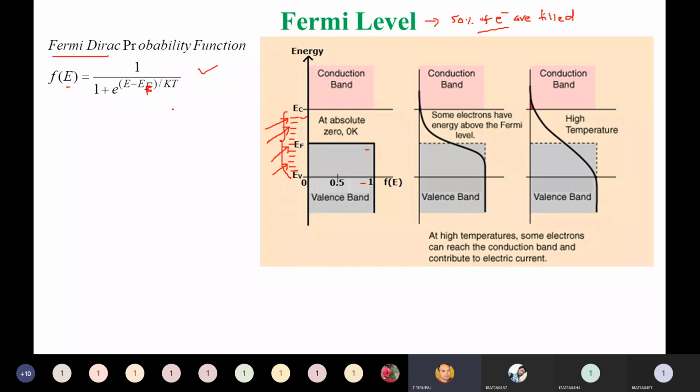What is the Boltzmann constant k? k is 1.38 times 10 power minus 23 joules per degree Kelvin. T is temperature in degree Kelvin, and E_F is the Fermi energy level.